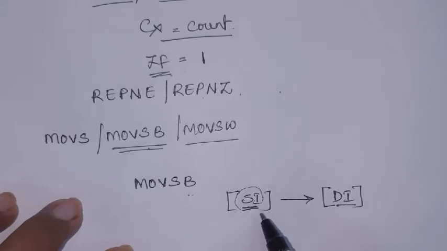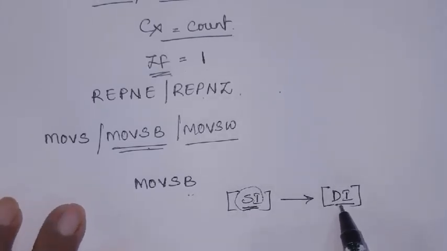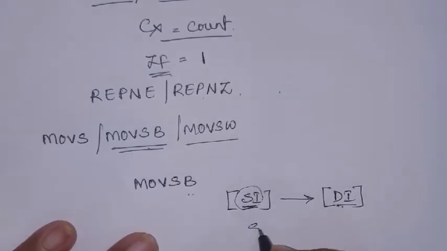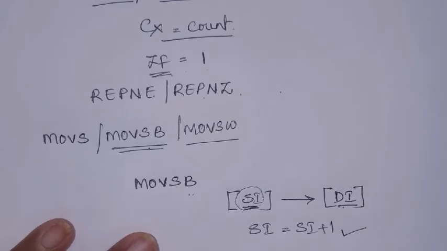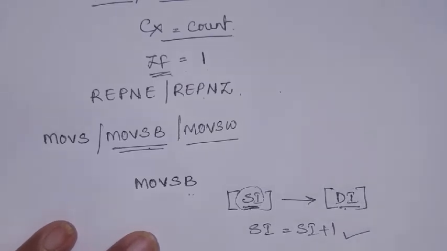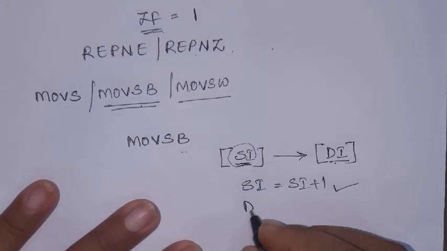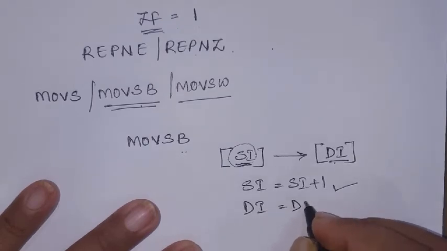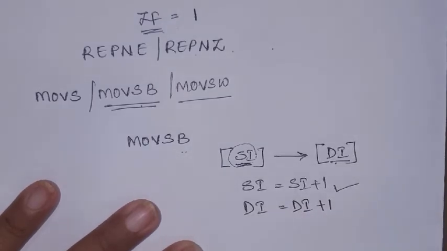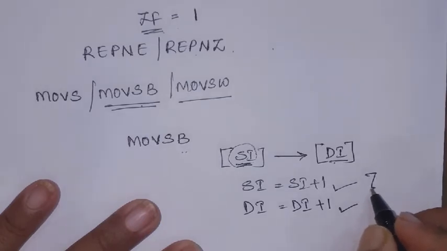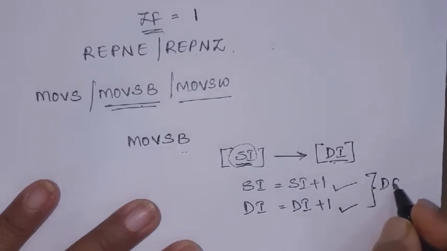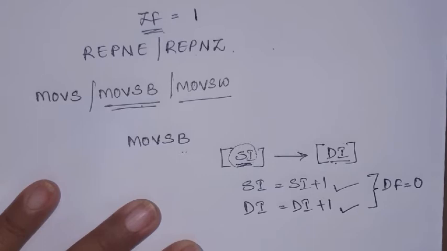So 1 byte is transferred from here to this location, and then source index SI becomes SI plus 1. That means the source index register contents are incremented by 1 automatically, and the destination index contents are also incremented by 1 automatically. This increment happens if the direction flag is equal to 0.